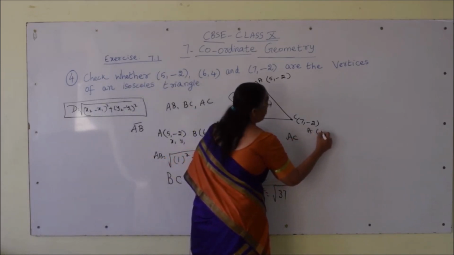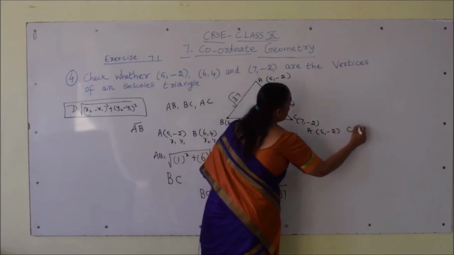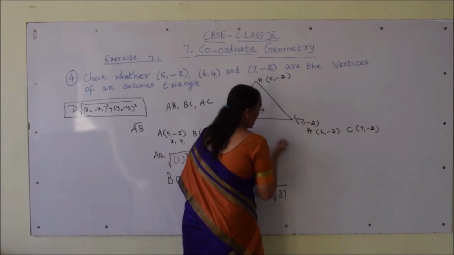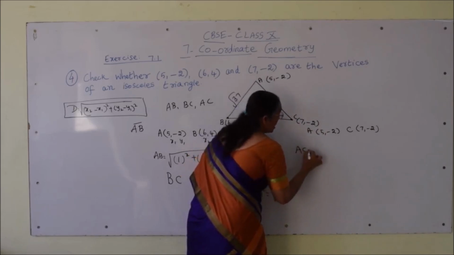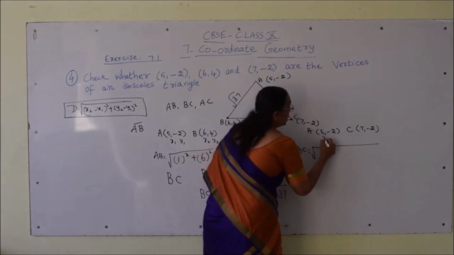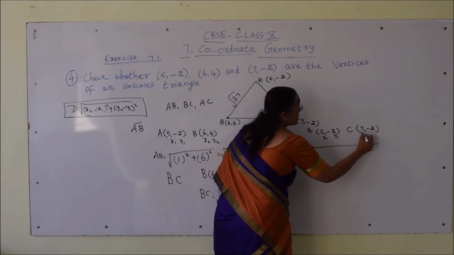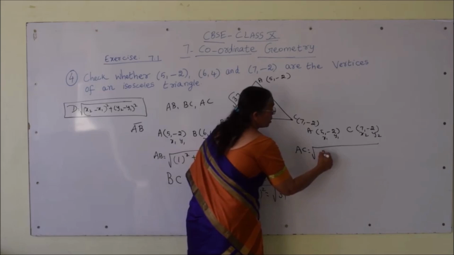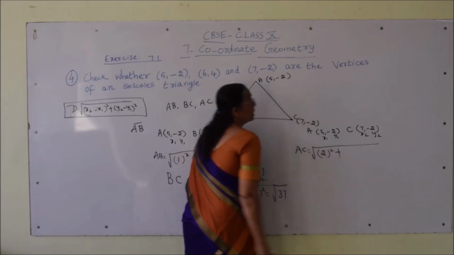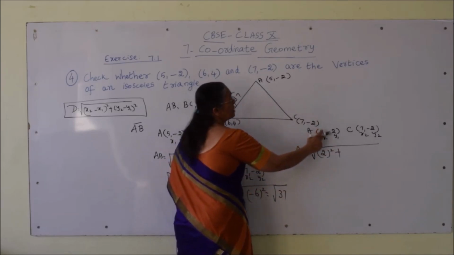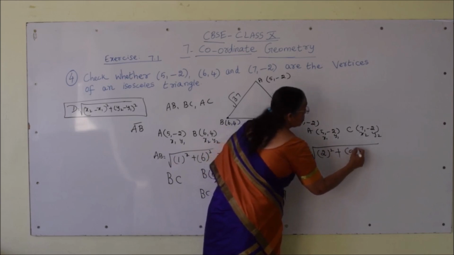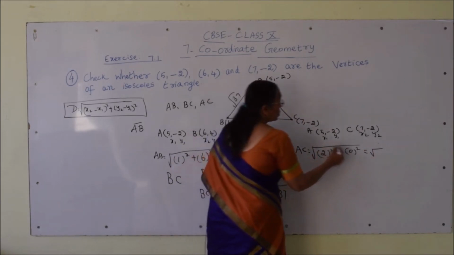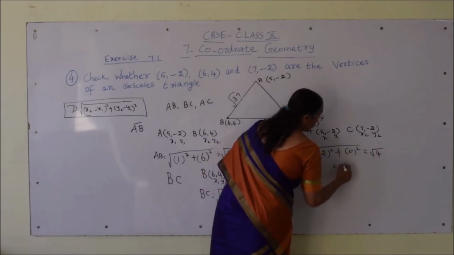A point (5, minus 2), C point (7, minus 2). So, AC is equal to root over, this is x1, y1, x2, y2, (x2 minus x1), 7 minus 5, 2 square, plus (minus 2 minus of minus 2), it will become plus 2. So, minus 2 plus 2 is 0, 0 square, 2 square is 4 and root over 4 is 2.